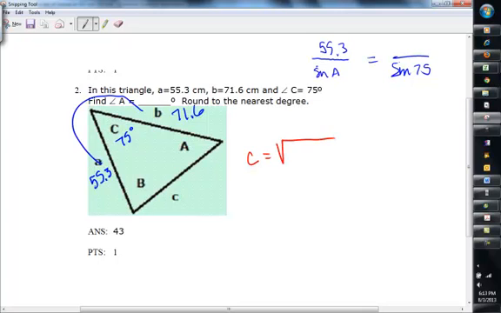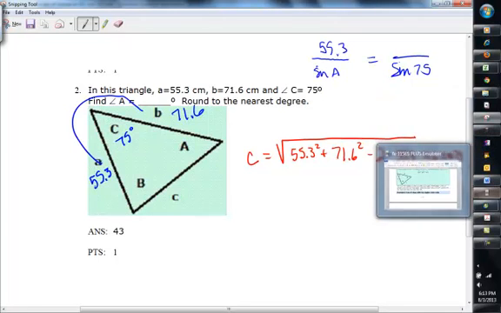C is the square root of A squared, 55.3 squared, plus B squared, 71.6 squared, minus 2 times A, which is 55.3, times B, which is 71.6, times the cosine of C, which is 75.